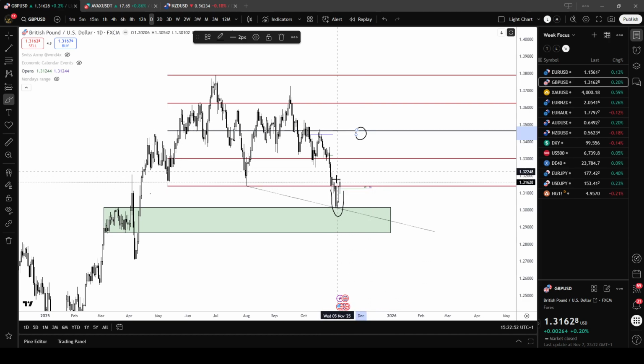This could happen in a month. This is not being greedy. I think it's going to happen. Maybe next week we only trade here, but on the monthly basis, probably come here, nearly 1.35.